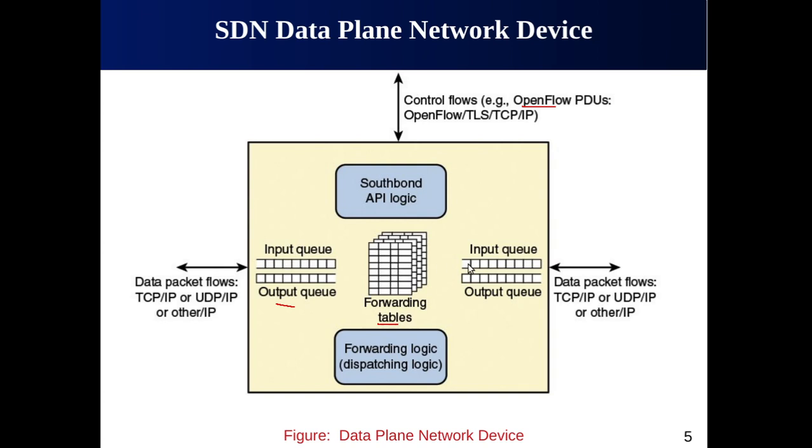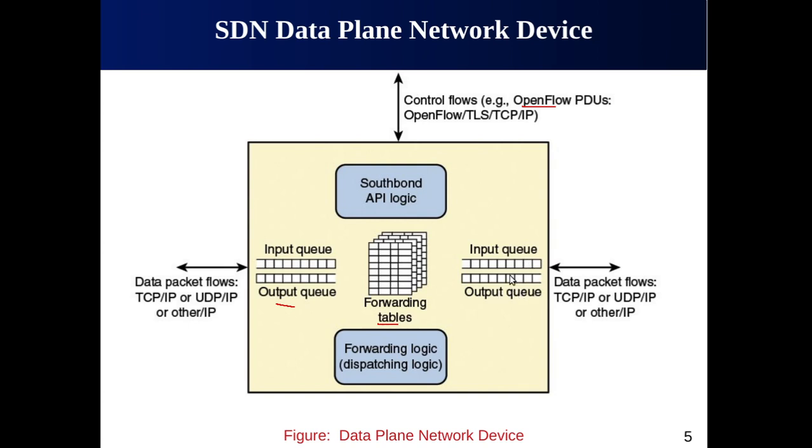And the forwarding packets are generally placed in the output queue. Now, why we need the output queue? Why don't we just forward the packet straight forward? Because it is possible that the packet needs to wait before transmission. Some processing delay could be there.